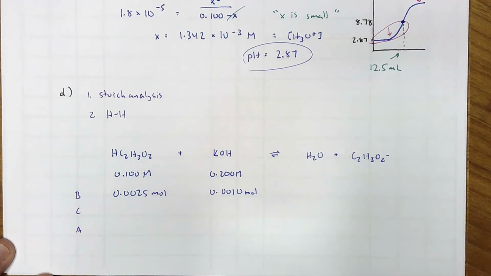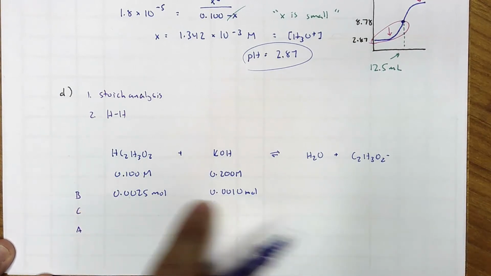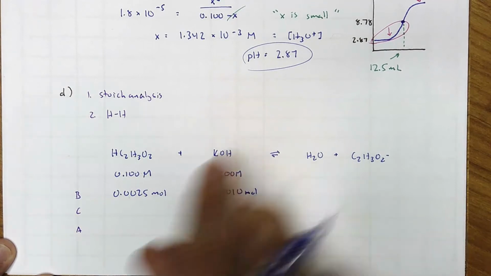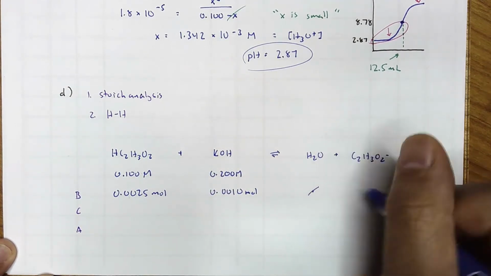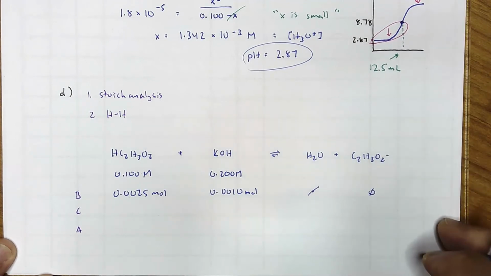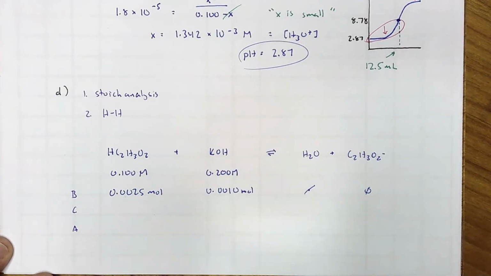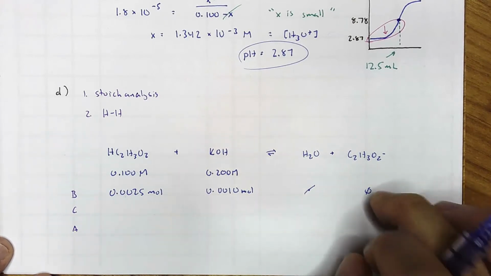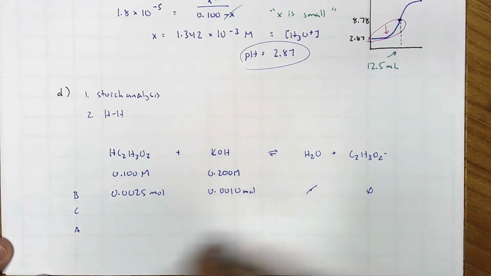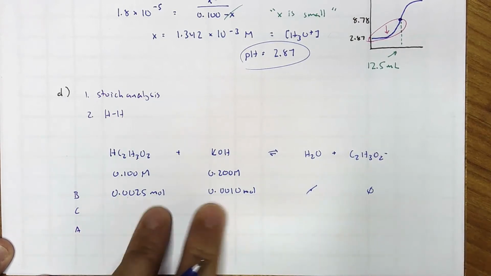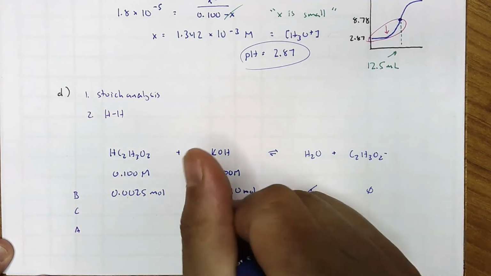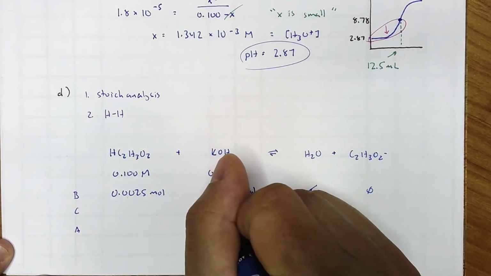Because what's happening here is before any reaction happens, we have these amounts, and we have 0 here. I know we do have a little bit of this, but it's negligible compared to what we're going to get from this interaction, because we're going to use up all of the KOH.